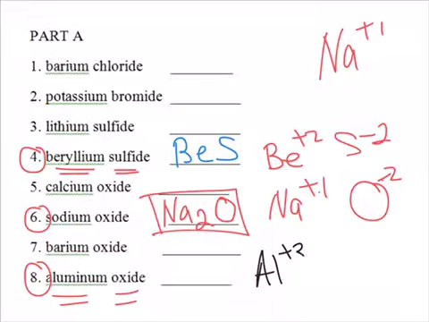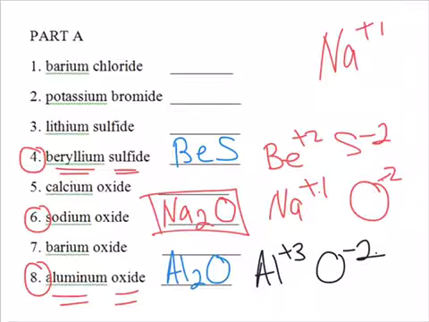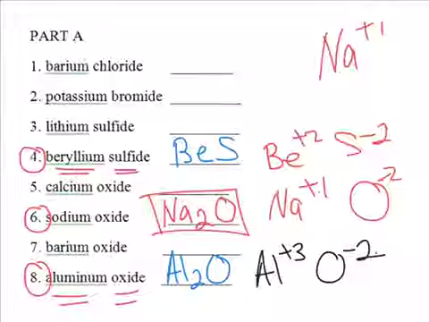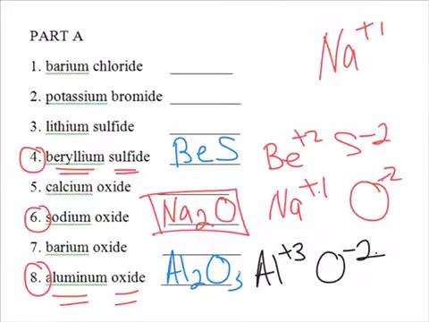So, does that work mathematically? Sure. 2 times 3 is 6. And 3 times 2 is 6. 2 times 3 is 6. 3 times 2 is 6. So 3, 2, 2, 3. The reverse shortcut works.